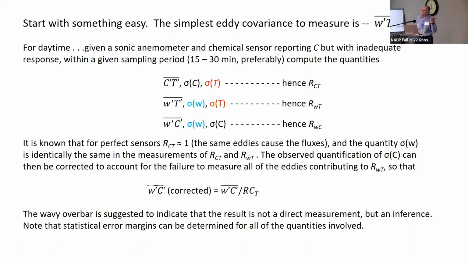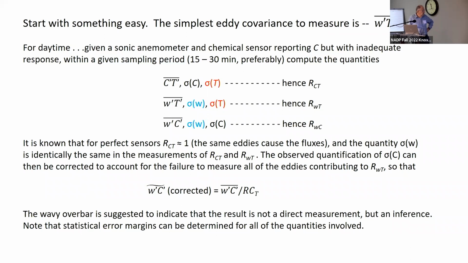I'm throwing it out at you guys. If you get the opportunity, test this out, because if it is right, then we can come up with the eddy flux that you're interested in.